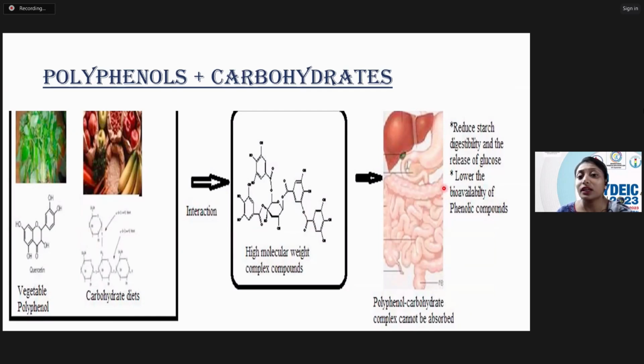So the carbohydrate automatically starts acting like a resistant starch. The good thing is that whenever polyphenols are consumed with carbohydrate, the carbohydrate does not easily release the polyphenol, as a result of which polyphenols don't get an option to interfere with micronutrient absorption. So like this, we can ensure that micronutrient absorption is right while the meal is taken, and simultaneously the glucose surge does not happen in our body.